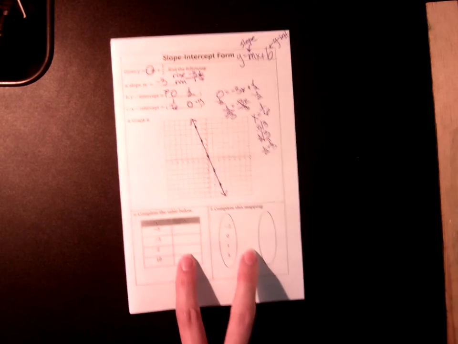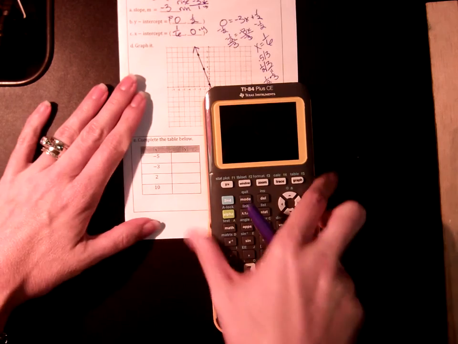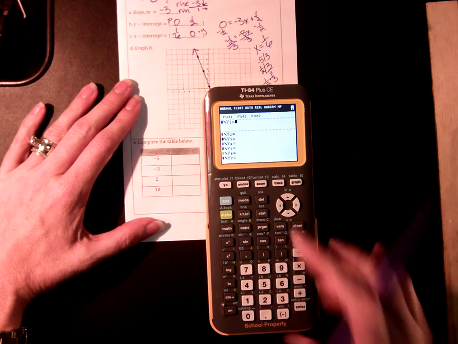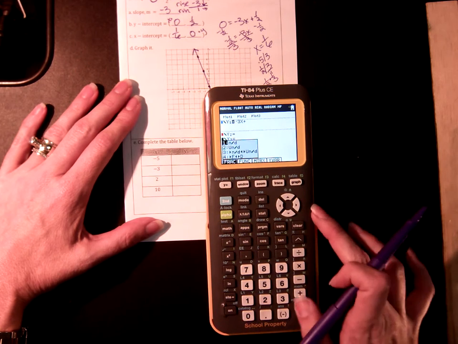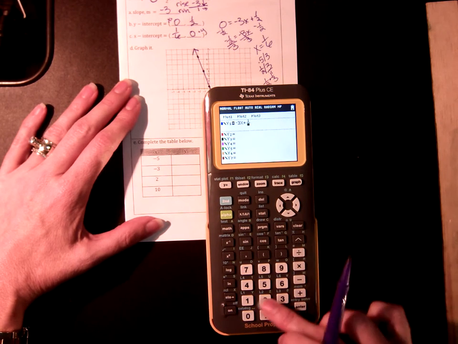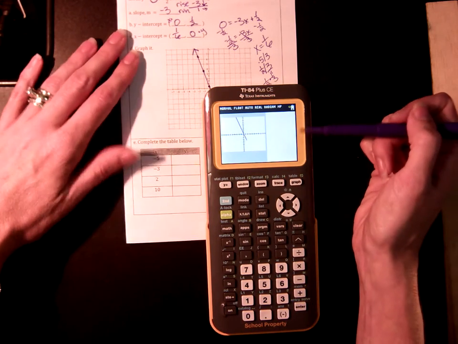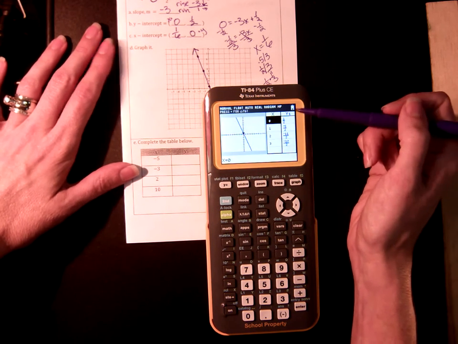Now with the table and the mapping, we have choices. I can substitute all those x values in and work it by hand. I can just do the manipulation, or we can go to y equals -3x plus, and if I use the fraction option here, then when I go to my table, I'm going to get nice fraction values that I don't have to worry about simplifying.